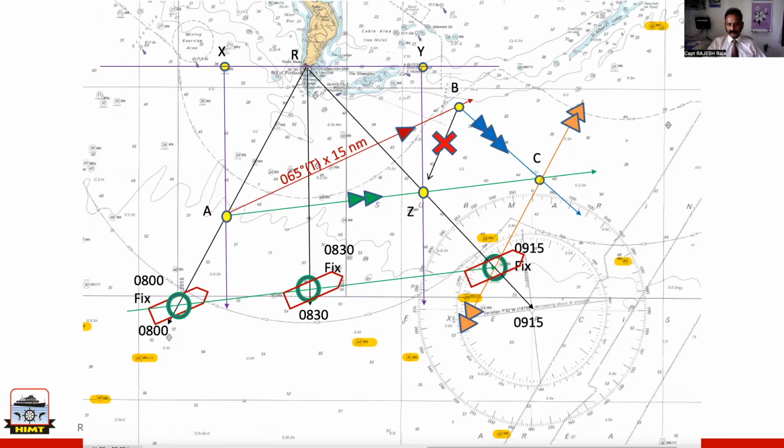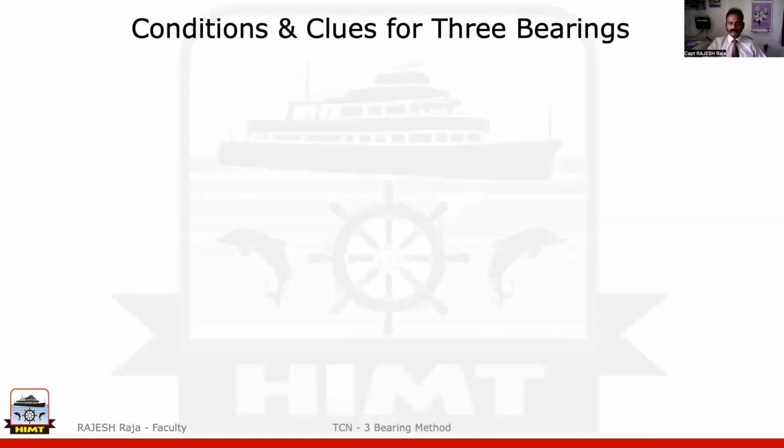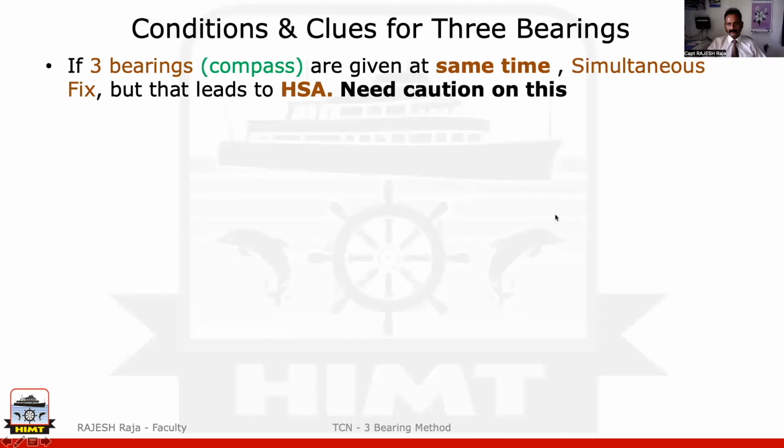So let us conclude this one simple case with what we have learned as conditions and clues for your question. You should be careful of one thing. 3 bearings can be given at the same time, but that is a simultaneous fix, and that leads to the horizontal sextant angle, which we have dealt with already in the previous video.